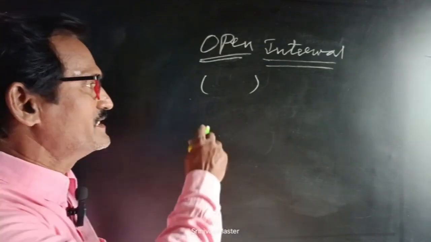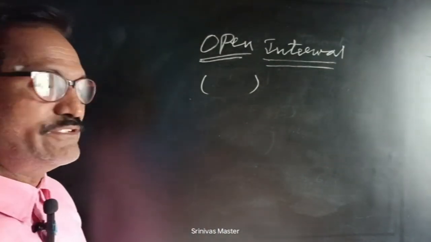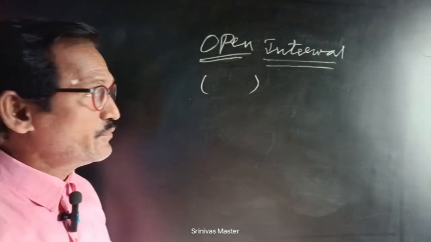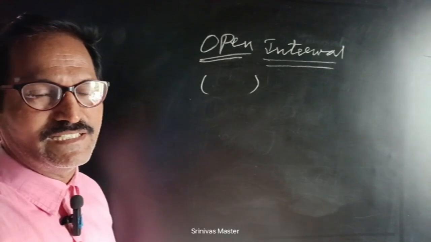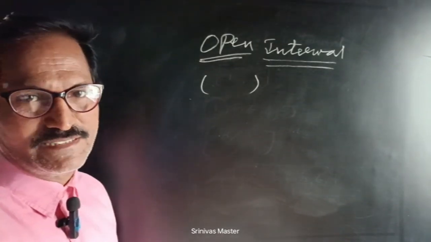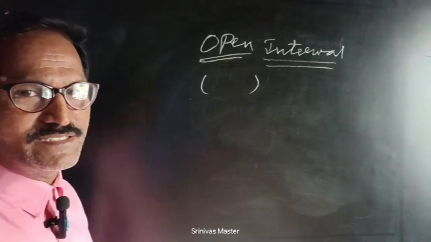So what is the intention of this bracket? What is the concept? Whenever you are taking the endpoints of the numbers entered in this bracket, you have to consider them excluding those endpoints.